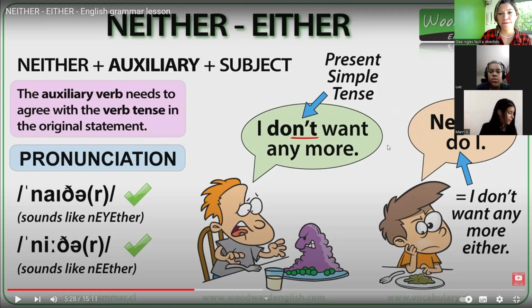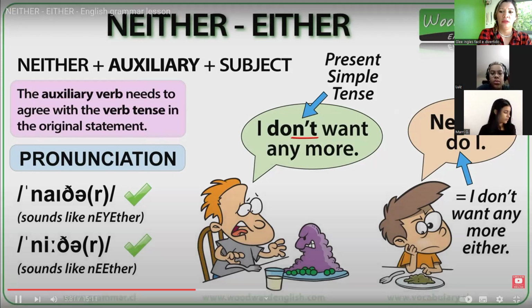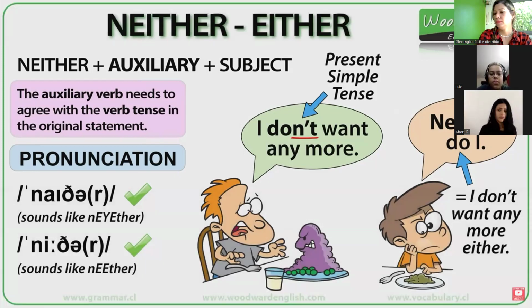Ok? Okay. So the complete interaction is I don't want any more. Neither do I. We use an auxiliary for all verbs except for to be and modal verbs.